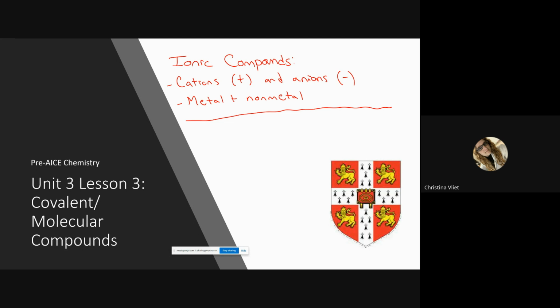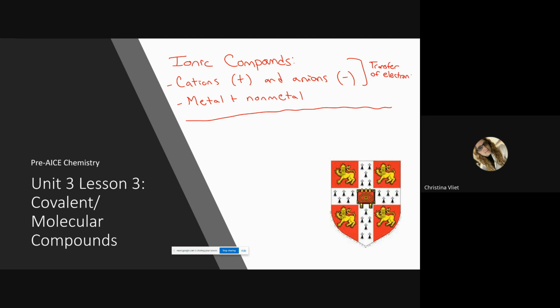Now, the difference between an ionic compound and a covalent compound is what happens with the electrons. In an ionic compound, there is a transfer of electrons, meaning that one element is giving away and another element is gaining. So there is a transfer of electrons in an ionic compound.